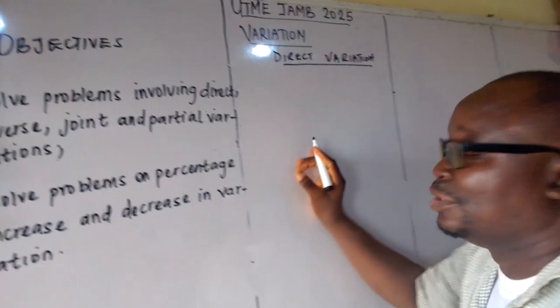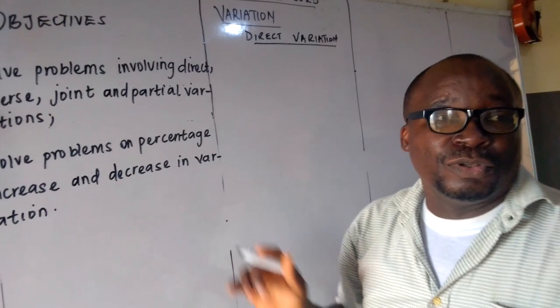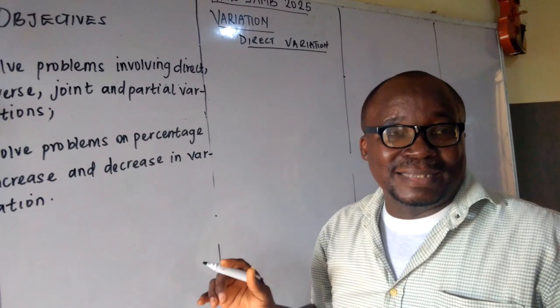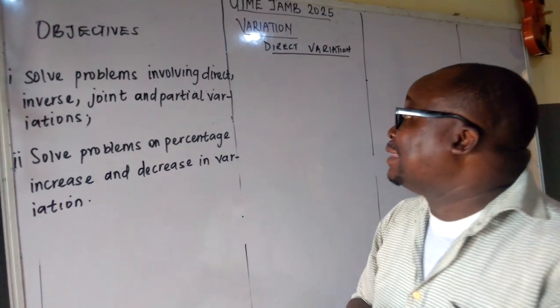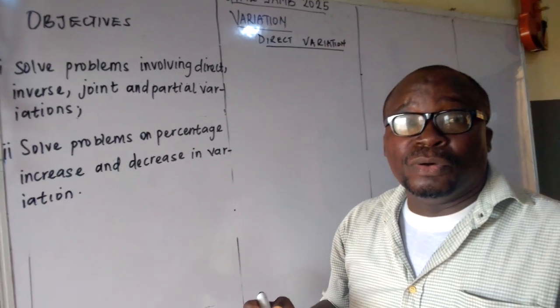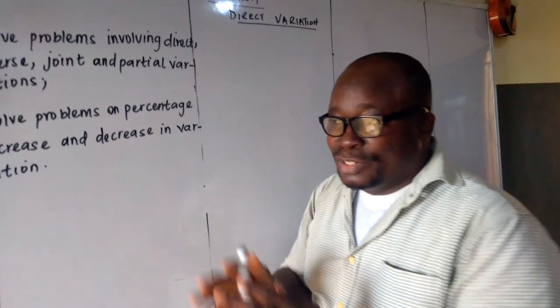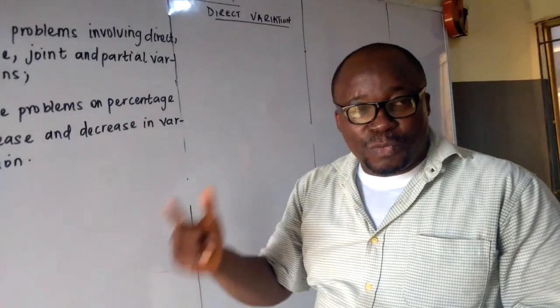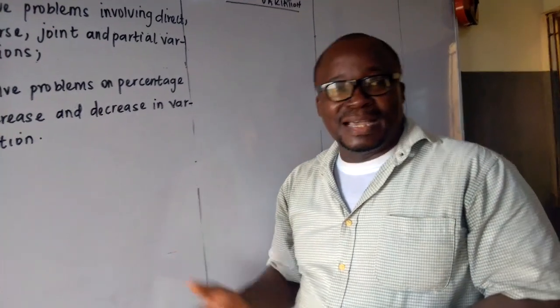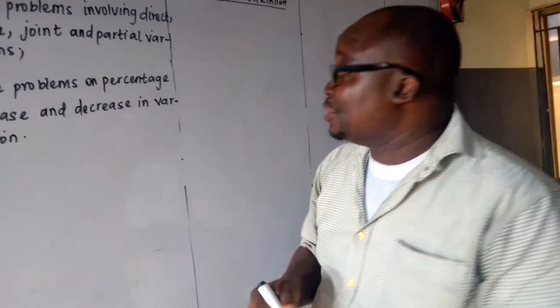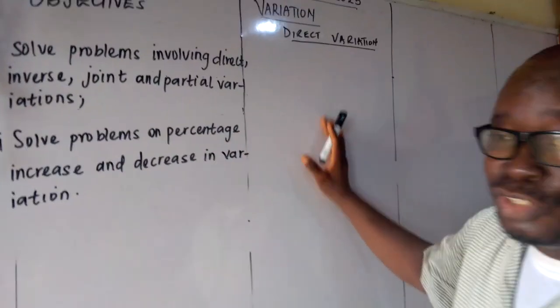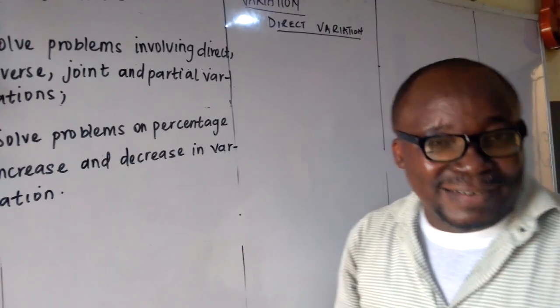Direct variation is when we are comparing two parameters that are related directly. What it means is that as one of the parameters increases, the other one is also increasing. An increase in one causes the other to increase, and a decrease in one also causes the other to decrease. This kind of variation is used to represent straight line graphs.